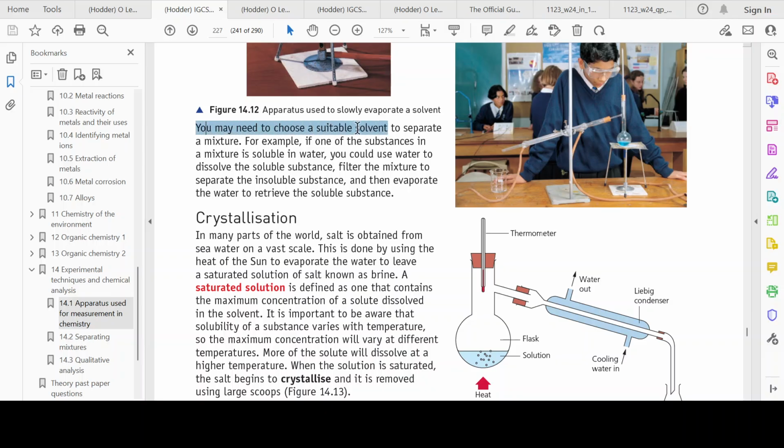Okay. So you may need to choose a suitable solvent to separate a mixture. For example, if one of the substances in a mixture is soluble in water, you could use water to dissolve the soluble substance.